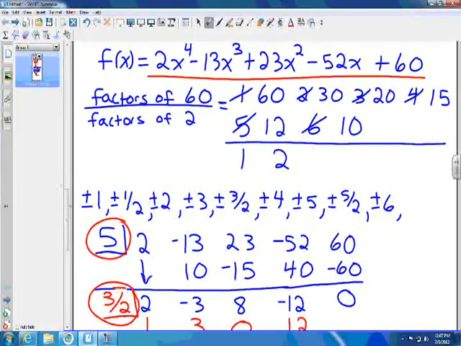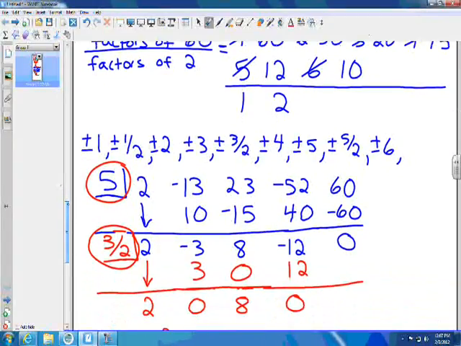You still need to list these, and you still have to do this. But what your calculator is going to tell you is 1's not going to work, 2's not going to work, 3's not going to work, 4's not going to work, 5 will, and I will allow you to go straight to number 5 then when your calculator tells you that. The rest of the process must be done.